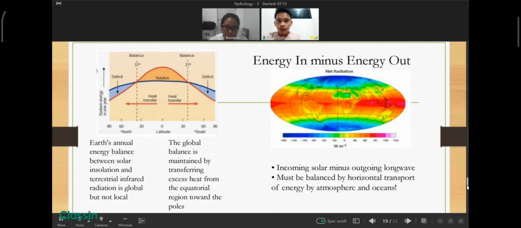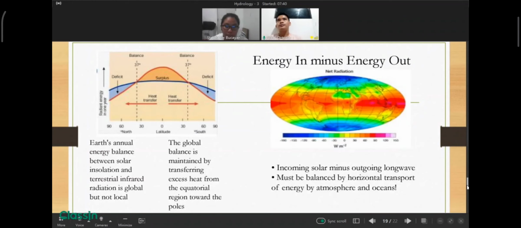So sabi dito na yung heat daw na na-absorb sa equatorial area is nata-transfer palibot hanggang makaabot siya sa North Pole and South Pole. Kaya minsan merong mga day at mga climate na nangyayari na yung North Pole and South Pole makaranas din sila ng mainit na panahon, di ba?